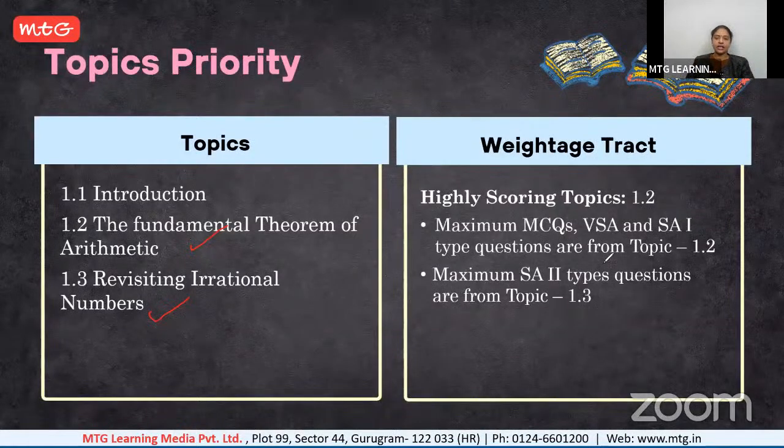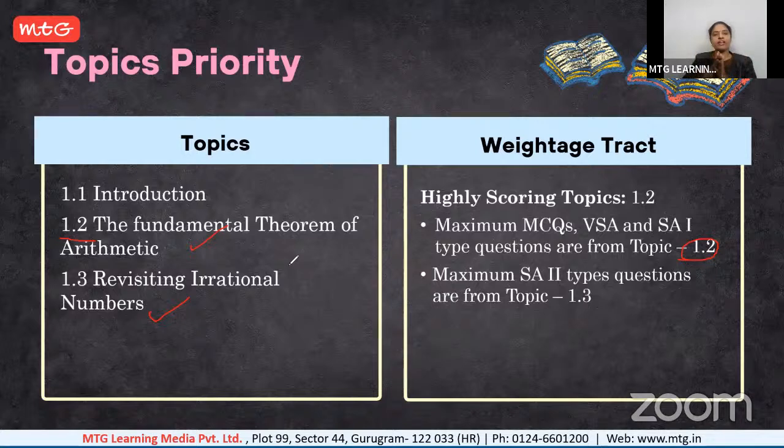In this, your maximum scoring topic is the fundamental theorem of arithmetic, the 1.2 topic. Why? Because this is a topic where you will be covering prime factorization, HCF, LCM, and all those factorizing concepts. This is previous knowledge which you have been carrying right from class 4 onwards about prime numbers, composite numbers, prime factorization, LCM, HCF.